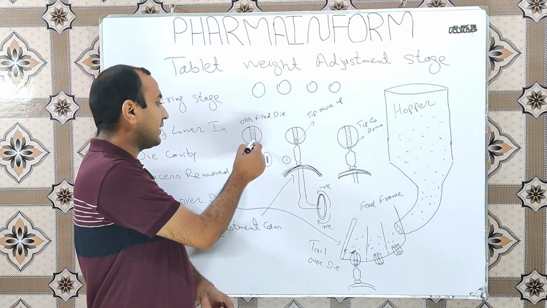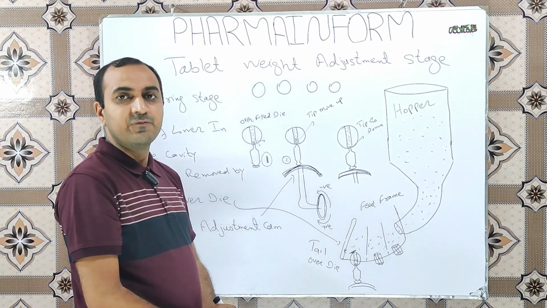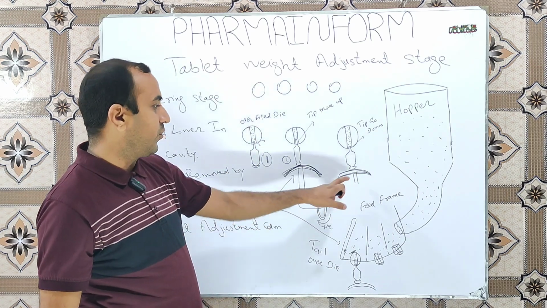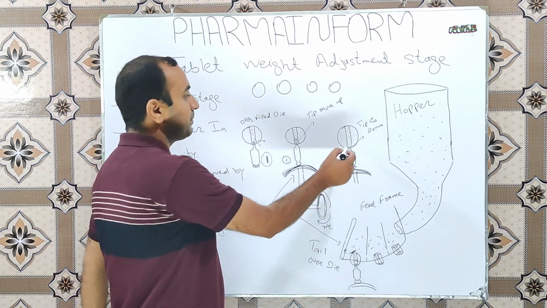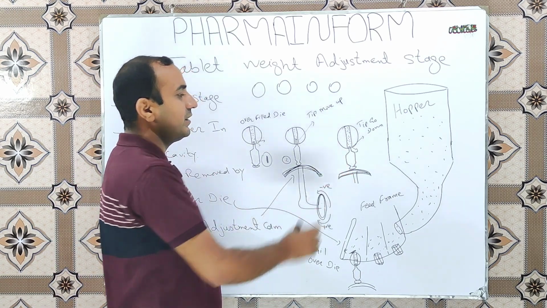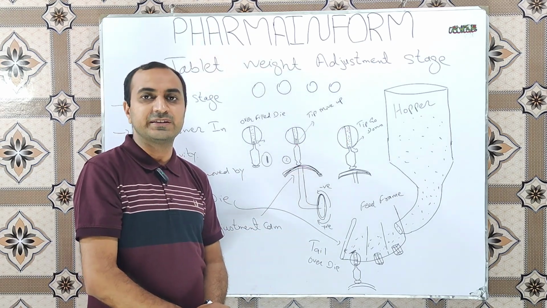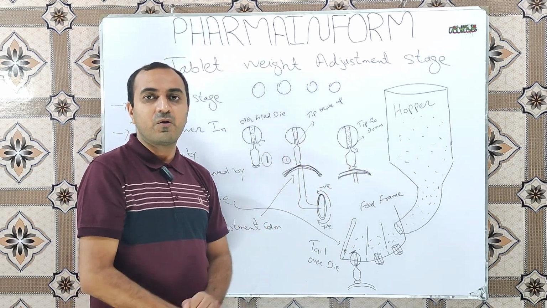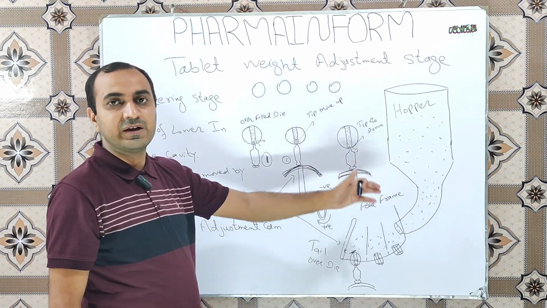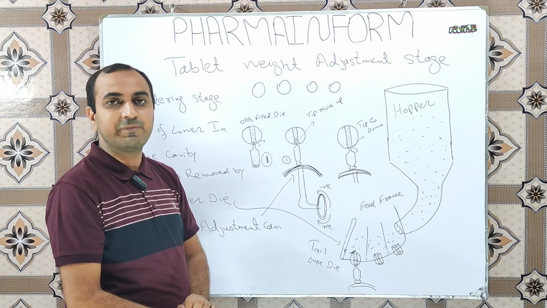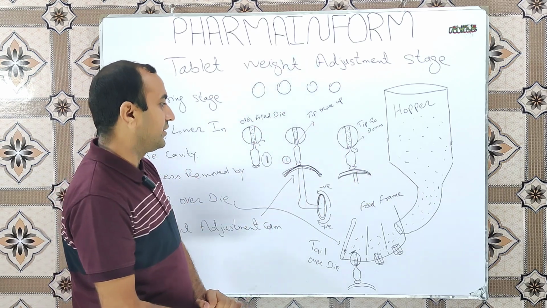Here you can see that our punch tip is at this position, but when we decrease the height of the slope of the weight adjustment cam, our punch tip comes downward in the die cavity, so it provides more space in the die cavity for the powders or granules, and in this way our filling weight is increased and ultimately the weight of the tablet is also increased.